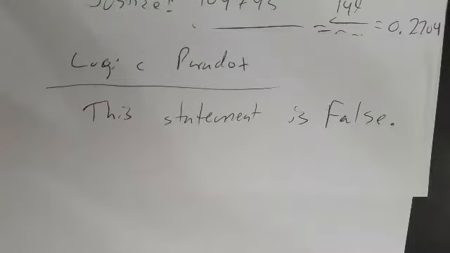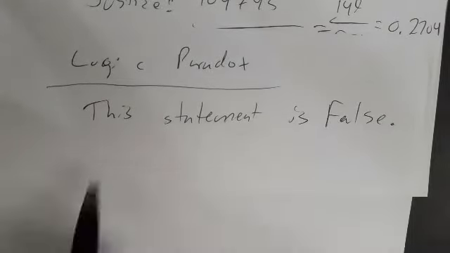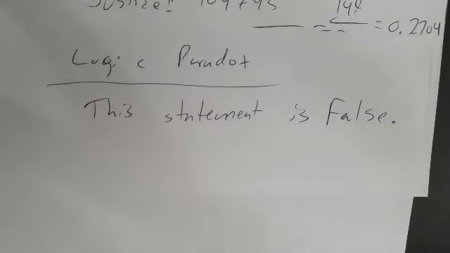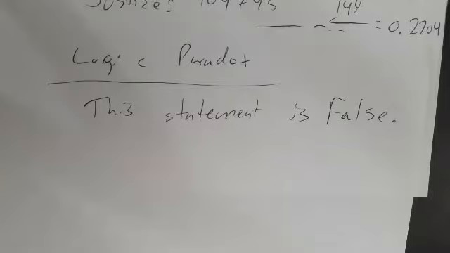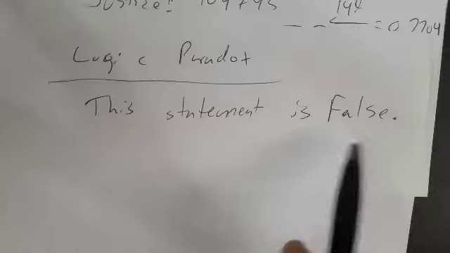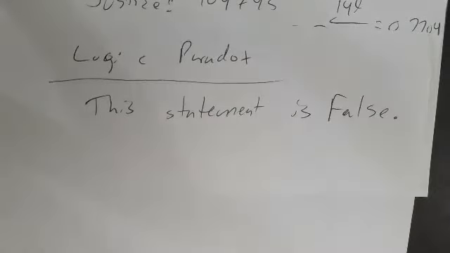It is something along the lines of "this statement is false." If we assume the statement to be true, then it's true about being false. Therefore, the statement is false. And if it's false, then it's false about being false, which means it's true, which means the statement's true.